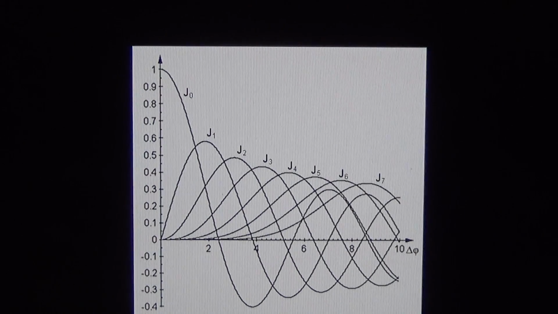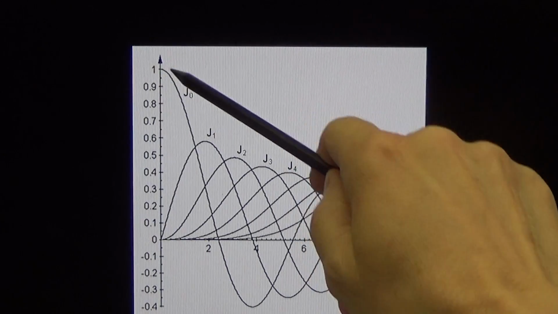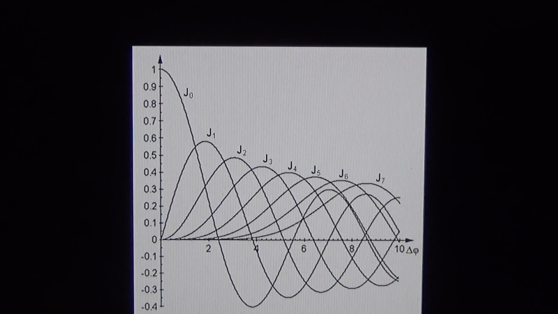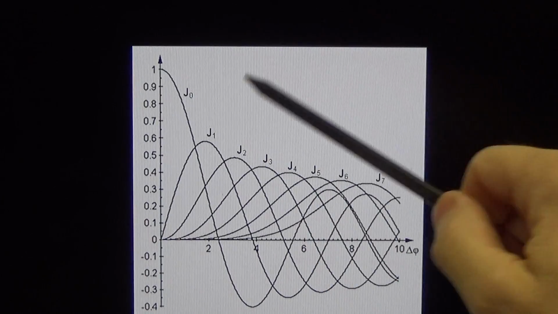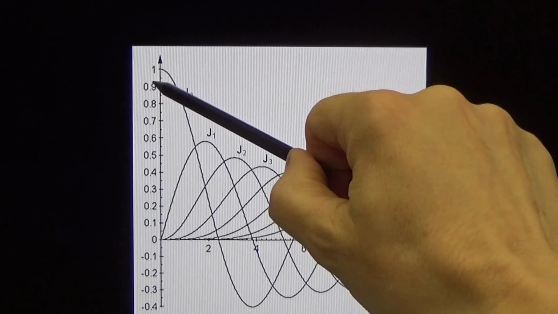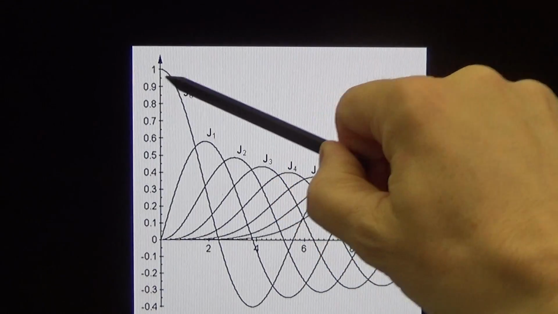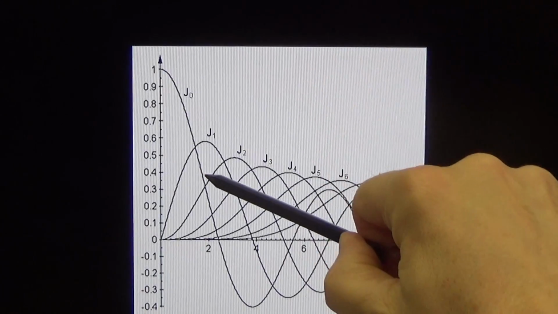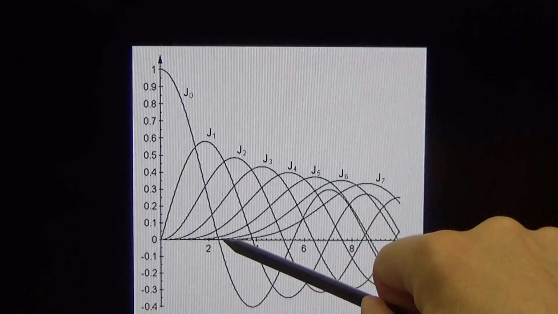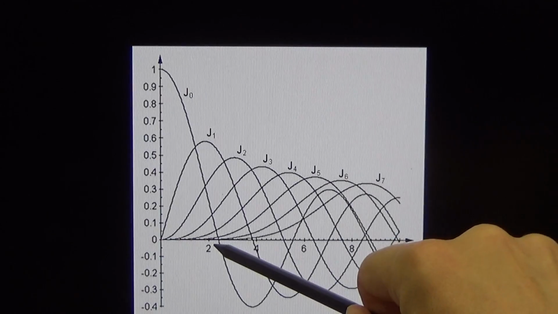So we have the different graphs here, and the J0 is, let me call it the fundamental, and you see here of course we have the peak, and then we have here a 0 point, okay?